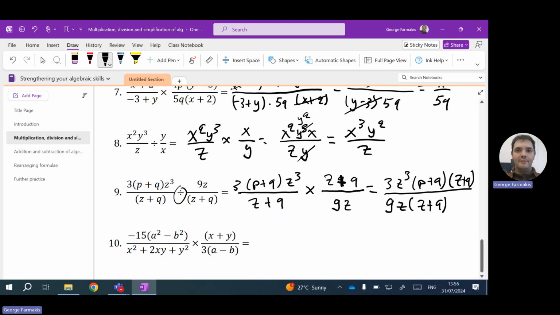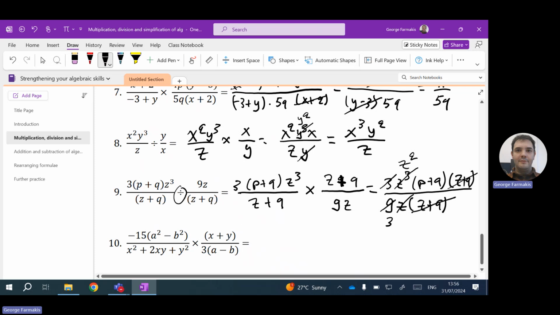Okay, so what can we simplify here? There are a lot of terms that we can simplify. So first, the bracket. Z plus q, we can simplify. Now, z with one of the z's from the z to the power of 3, we can simplify. It will leave us with z to the power of 2. And 3 with 9, here we're going to get 3.